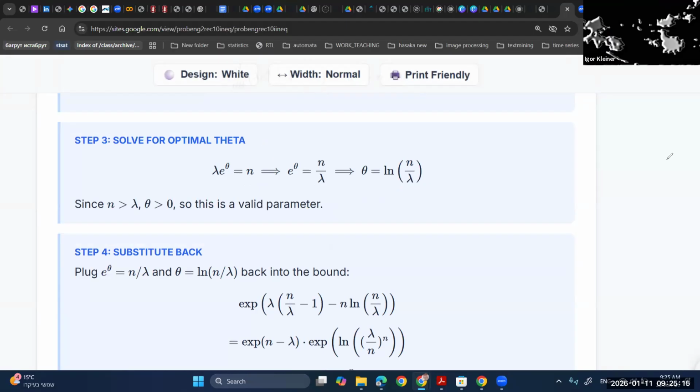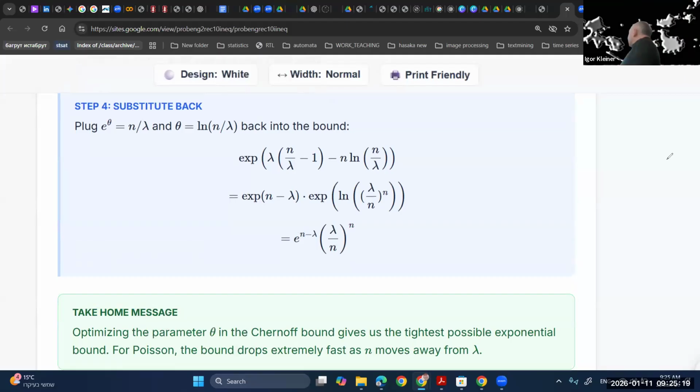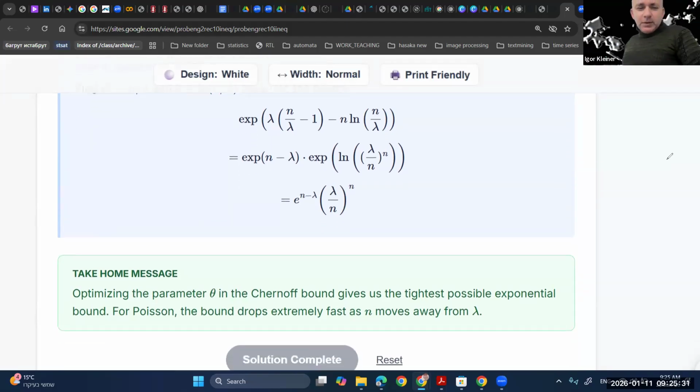This is the final solution. The probability that the random variable is greater than or equal to n is bounded by this expression. It's a very tight bound, a very good bound, and the take-home message is: choose theta that minimizes the expression.